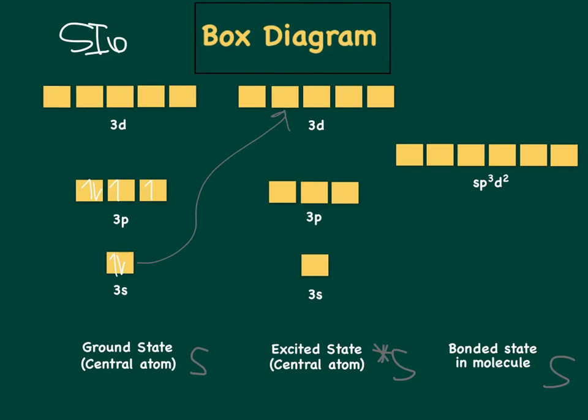And the next electron that we would promote would be one from 3p up here to the 3d orbital. So we promoted one electron from 3s and one electron from 3p. This obviously requires energy.